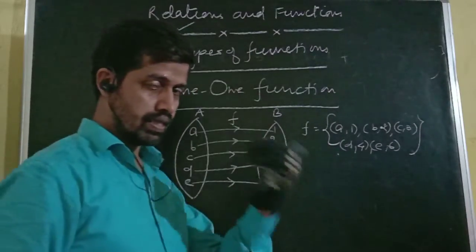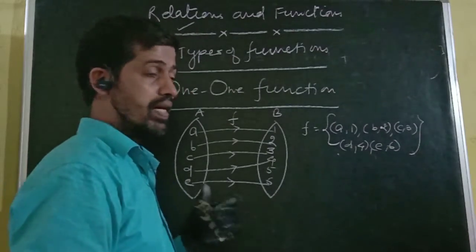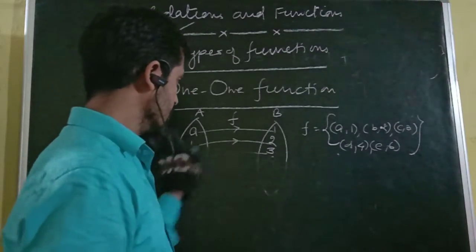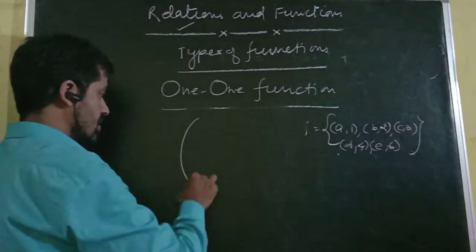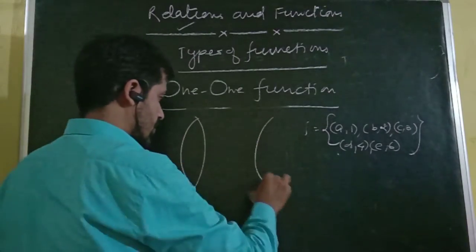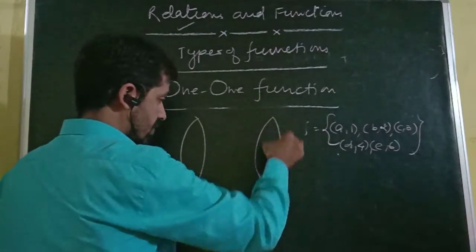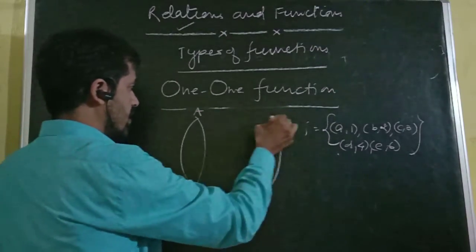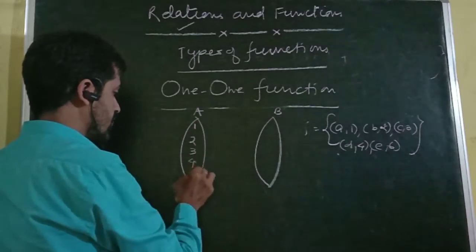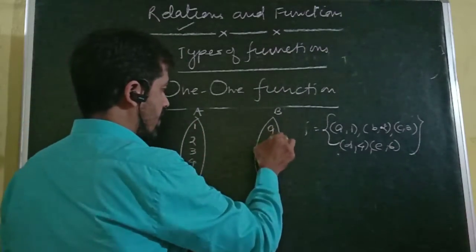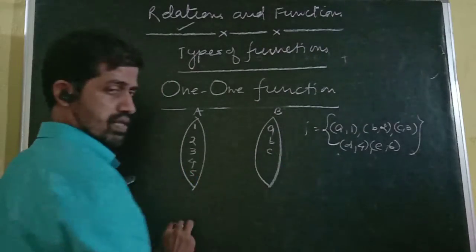So the other thing that I talked about, that is many one. So if it is a graph of many one or function is many one, say it is A, it is B, 1, 2, 3, 4, 5, A, B, C, say.